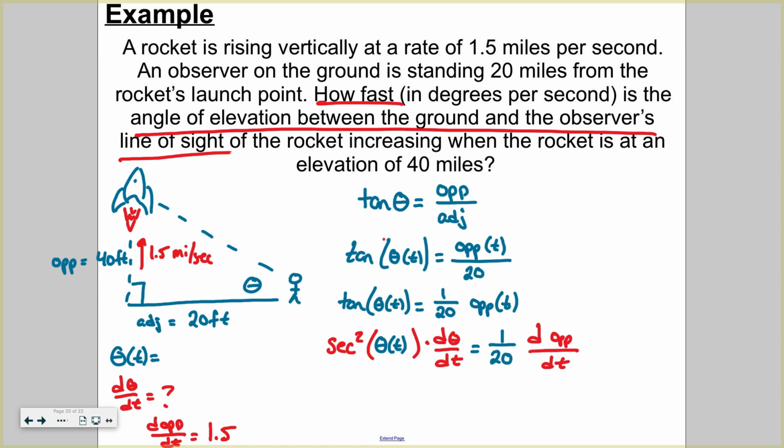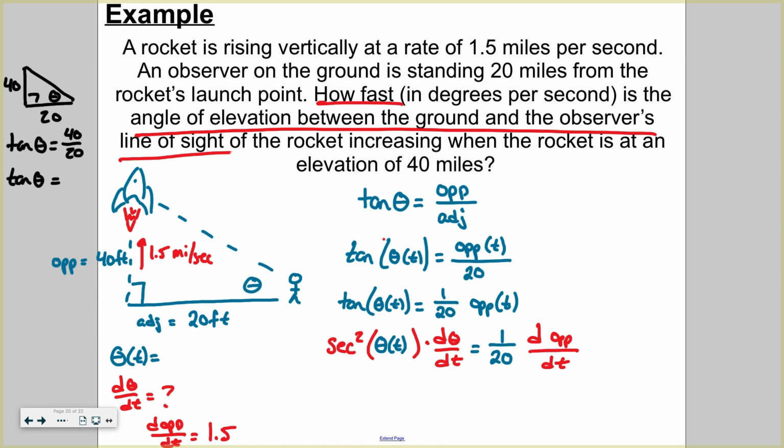So we need to find out first what our theta of t is. We come back to our right triangle, because we know that the adjacent side is 20 and the opposite side is 40. So tangent of theta is equal to the opposite, 40, over the adjacent, which is 20.